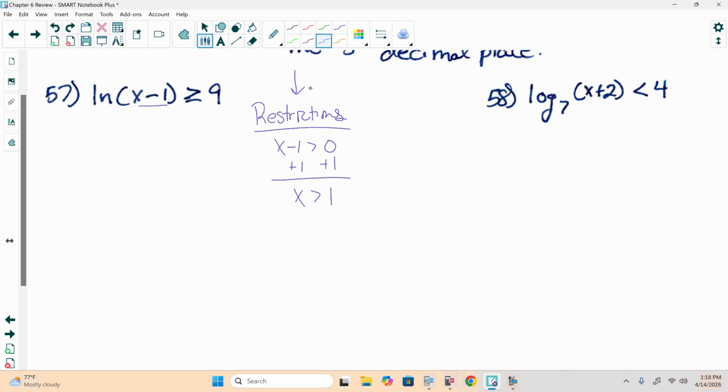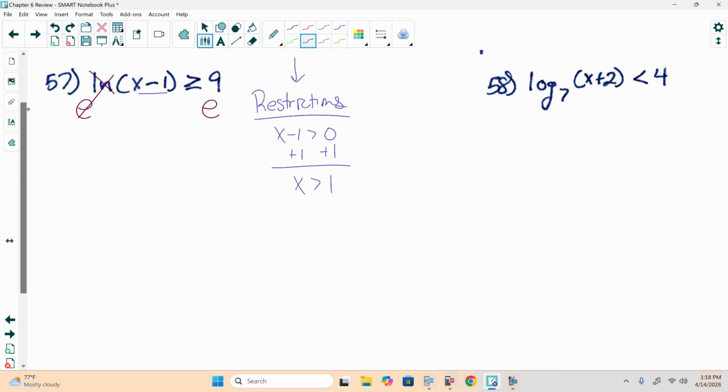Now that that's taken care of, we can go on and solve. We have one term on either side. We do have a logarithm that we need to get the variable out of. So we're going to put both sides to the base of that logarithm. Since the base of the natural log is e, we put both sides to the base of e.